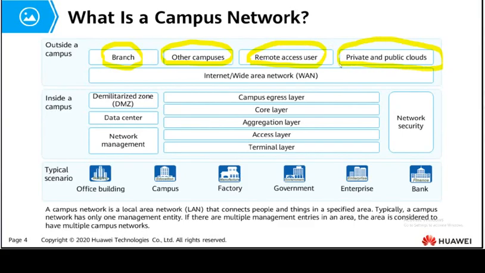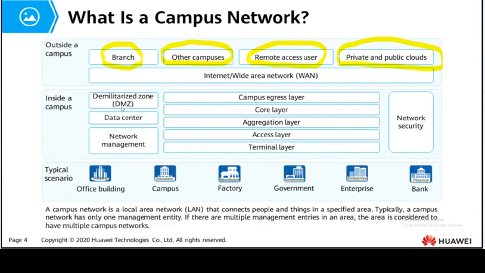So what is found within a campus network? A campus network will have things like a demilitarized zone. What is a demilitarized zone? This is a zone within your network that users are not supposed to access directly unless authorized. Say, for example, you put your servers there, or your out-of-band links.